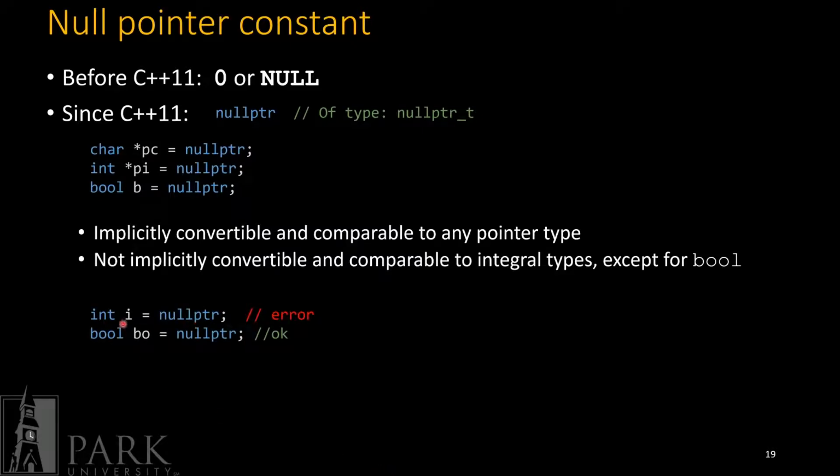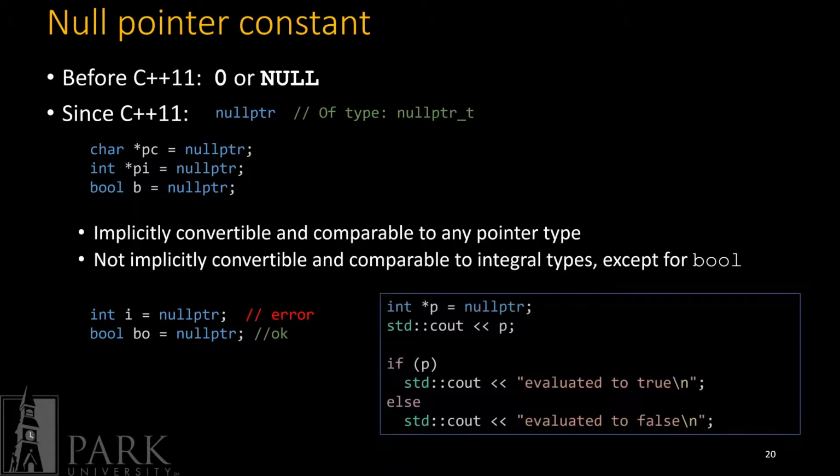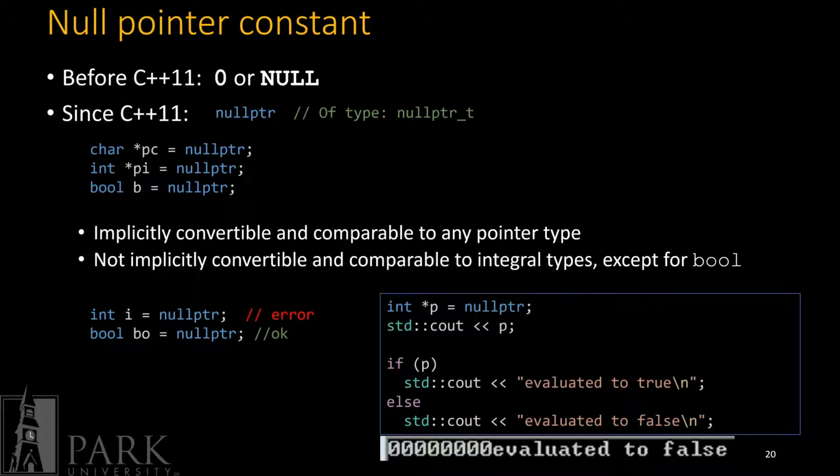So here you can see we're declaring i equal to a null pointer, but we can declare a bool variable or boolean and set it equal to a null pointer because this is going to return true or false. And here's a segment of code to show that that null pointer value can be converted to a bool type. And here's the result of this segment of code.